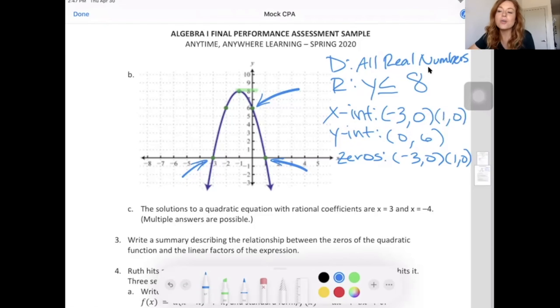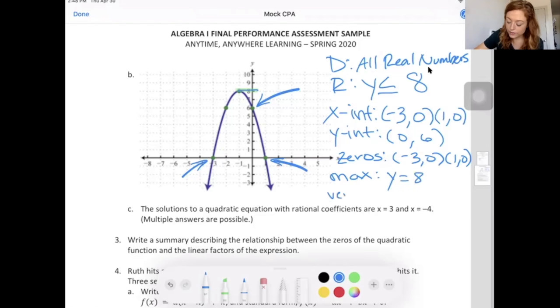Okay, then it said we had to find if it was a maximum or a minimum. This one is pointed down, it's a mountaintop, so that means it's got a maximum. When we're looking at maximums and minimums, we're looking at that vertex point, and the max or min is the y value of that vertex. So what's that highest point in this case? We would say y equals 8.